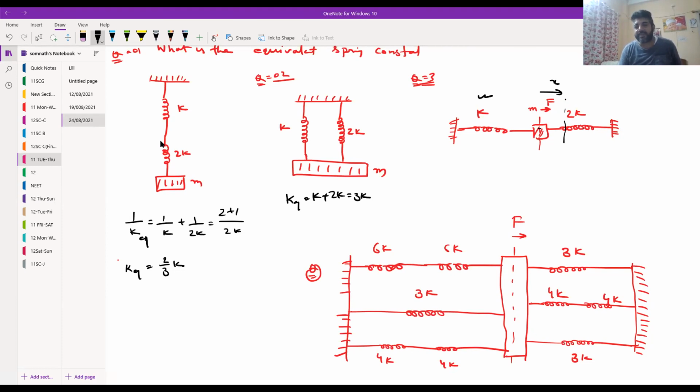What is the second logic? The second logic is that when you apply this force F, this spring tries to move in that direction, because in the 2K the force is compressing. Now in the second spring K, it will elongate, so it moves in that direction. So the spring force applies in the opposite direction, yes or no?